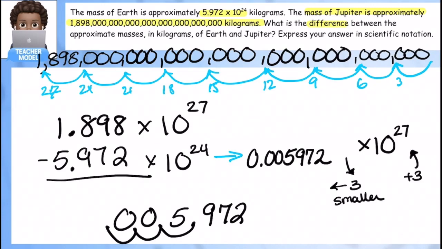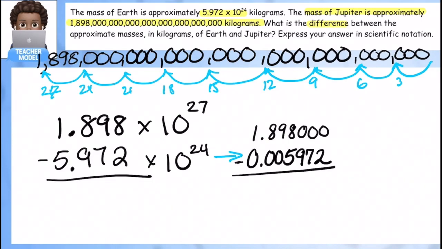And I want to give myself space because when I'm adding and subtracting, I need my numbers to be lined up. And I'm going to need some placeholders here. That was the only reason why I wanted to write that there, because I wanted to make sure that everything was lined up for me to subtract.